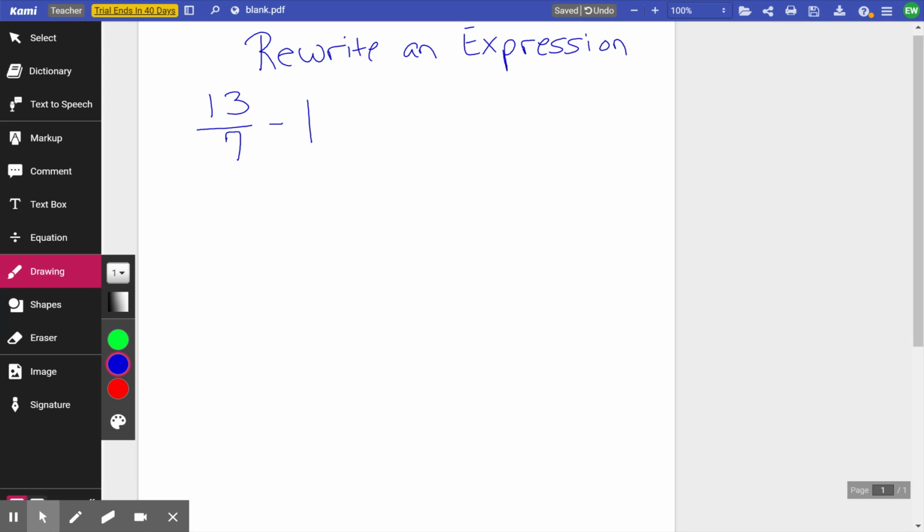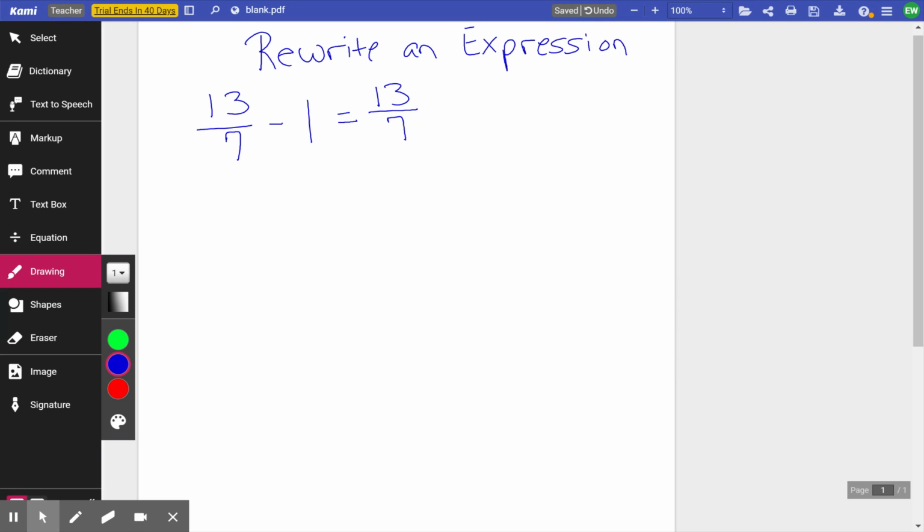But if we were able to rewrite one part of this expression, it could help us actually solve it mentally and quicker. So here's what I'm saying. I'm going to take 13 over 7 and rewrite the number 1 in a more convenient way. I think all of us remember that when adding or subtracting fractions, the ones where the denominator, the bottom number, was the same were the easier ones.